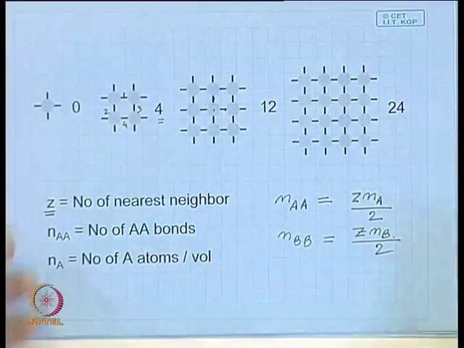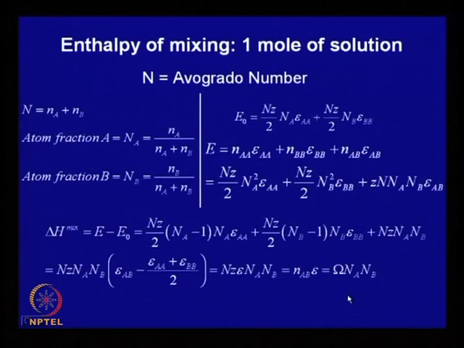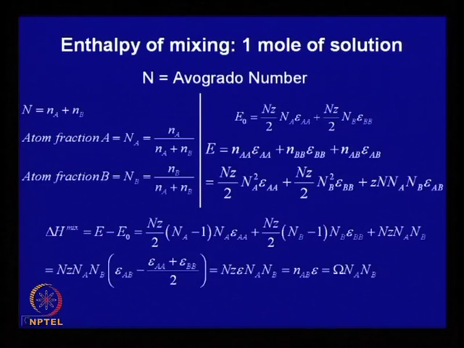I think I will leave it to you, and in fact, what can be shown is how you will calculate this number of AB bonds. I think this should be N_AB. And now, with this, let us try to find out how we calculate the enthalpy of mixing.